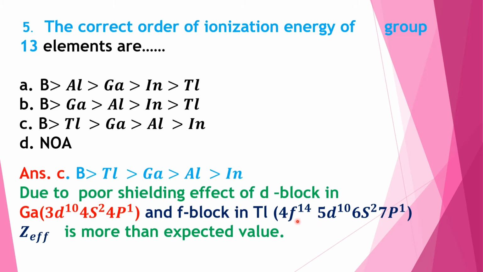That is why the Z effective value for thallium also becomes very high, so the ionization energy of thallium is more than that of gallium, aluminium and indium. So the correct answer will be C: boron, thallium, gallium, aluminium and indium. C is the correct option.